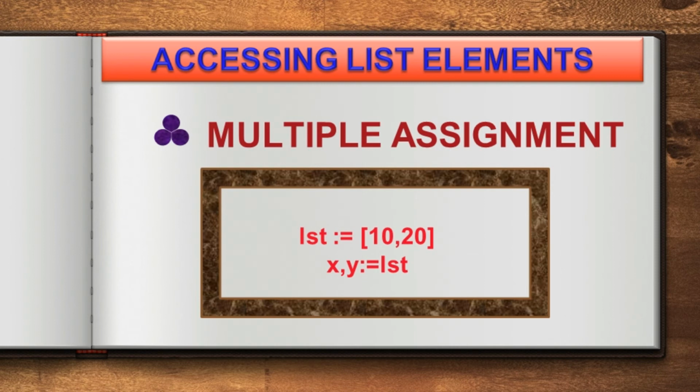Here a collection of ordered elements enclosed by square brackets is called a list. In this example, x will become 10 and y will become 20. So the x, y values are the list elements, because they are separated by a comma and enclosed by square brackets.